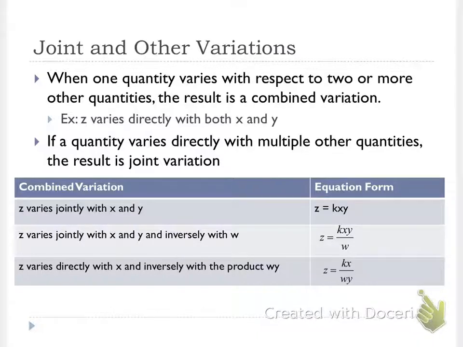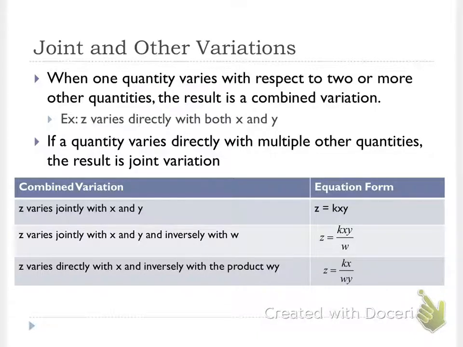There's also joint variation, and that's this first one. If you have multiple direct variations, then it's jointly varied.